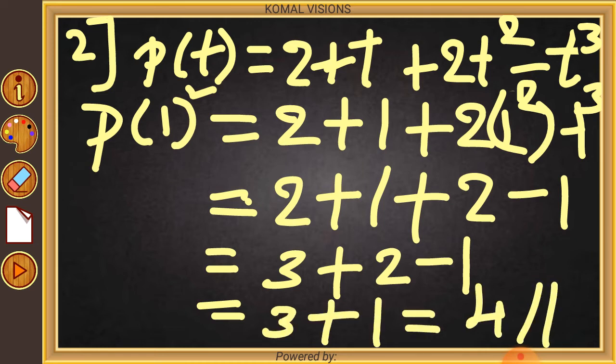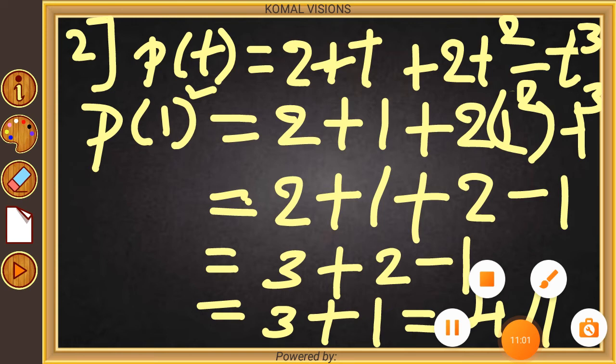So the answer is 4, as the value we are getting for the polynomial p of t equals 2 plus t plus 2t square minus t cube. Okay, next let us check for p of 2.